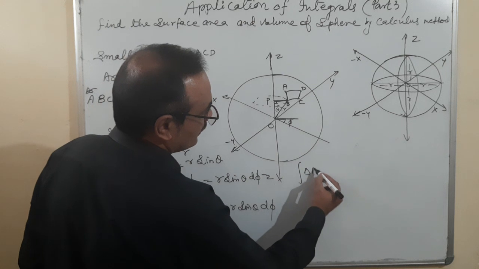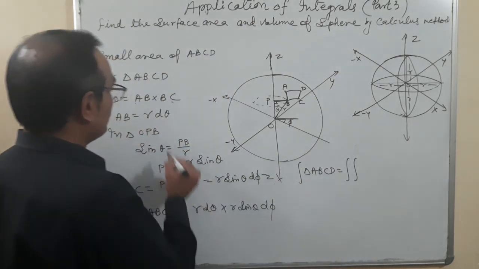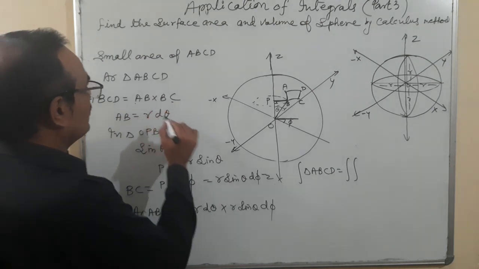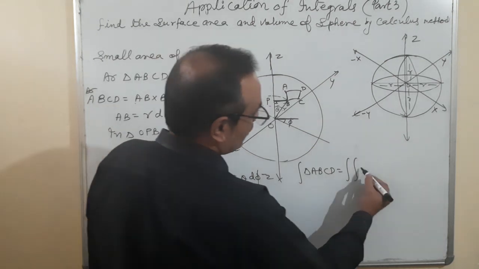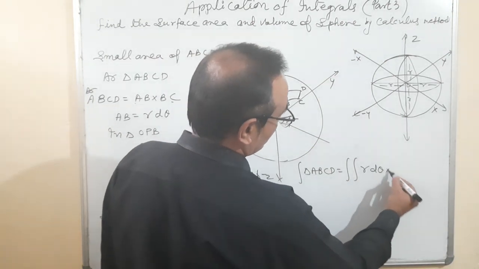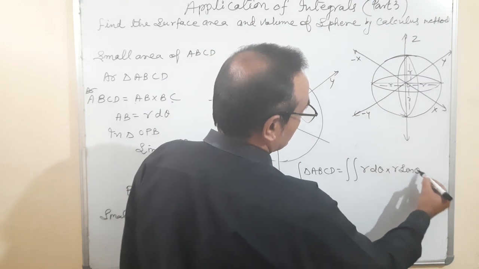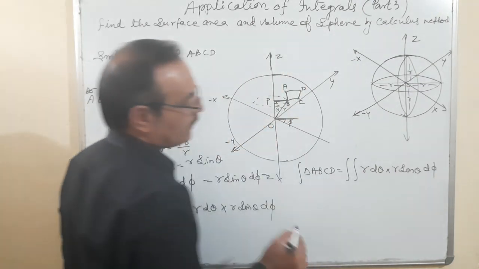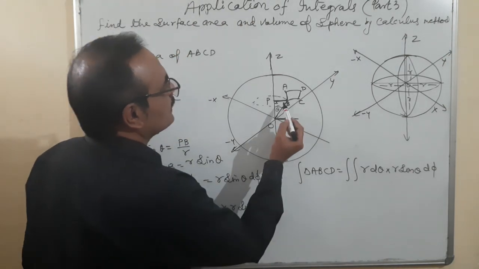Integration of area ABCD is equal to AB, or I can write here AB in place of r d theta, multiplied by r sin theta d phi. Okay. Now let us see r d theta.